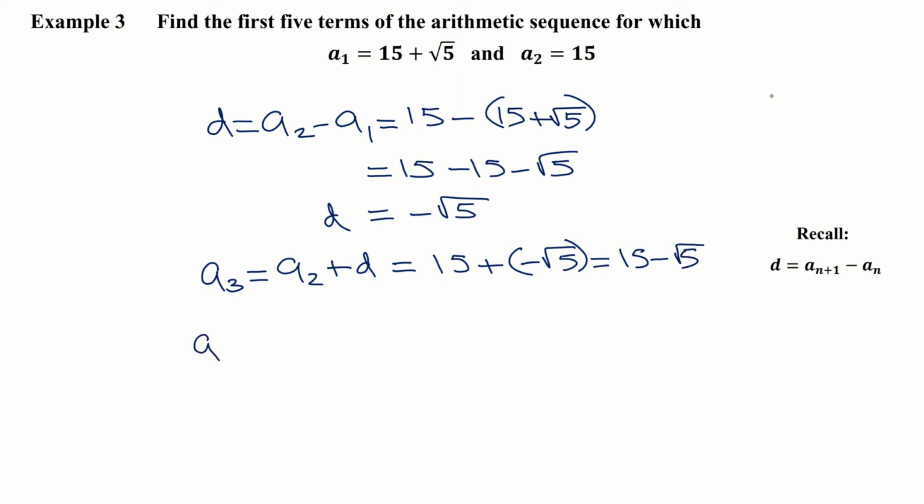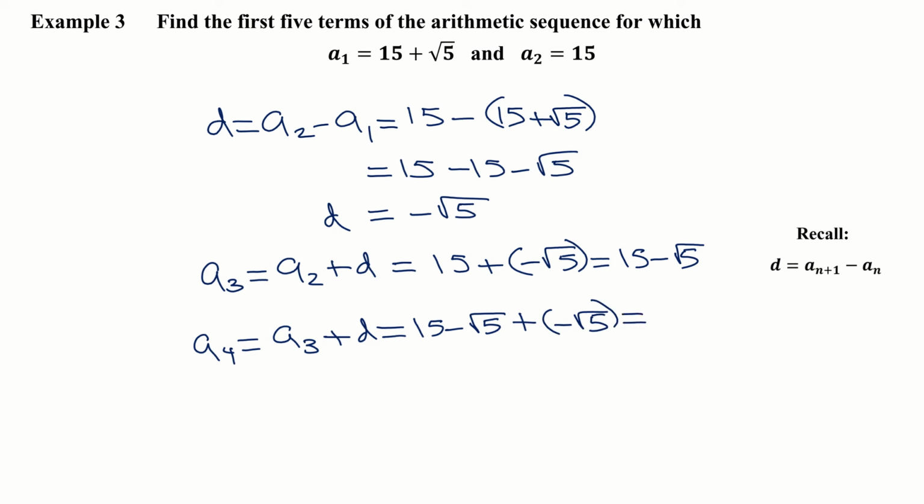And then to get A4, all I got to do is take A3 and add to it the common difference. Now we know A3 is right here, which is 15 minus radical 5. So we're going to add the common difference, which is negative radical 5, to get A4.